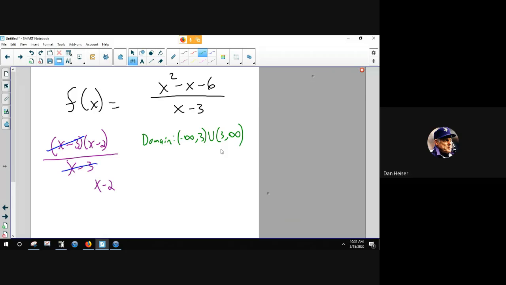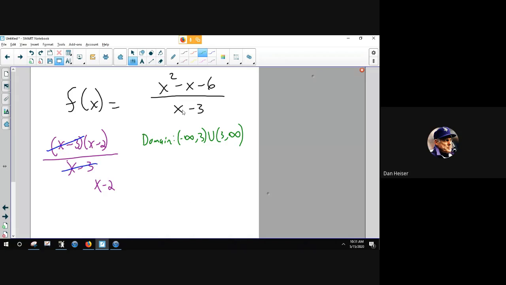Now I grant you that if I plug 0 into f of x, and I plug 0 into here, I will get the same answer. If I plug in 1 to both, I get the same answer. If I plug in negative 32,115 in both of these places, I get the same answer.